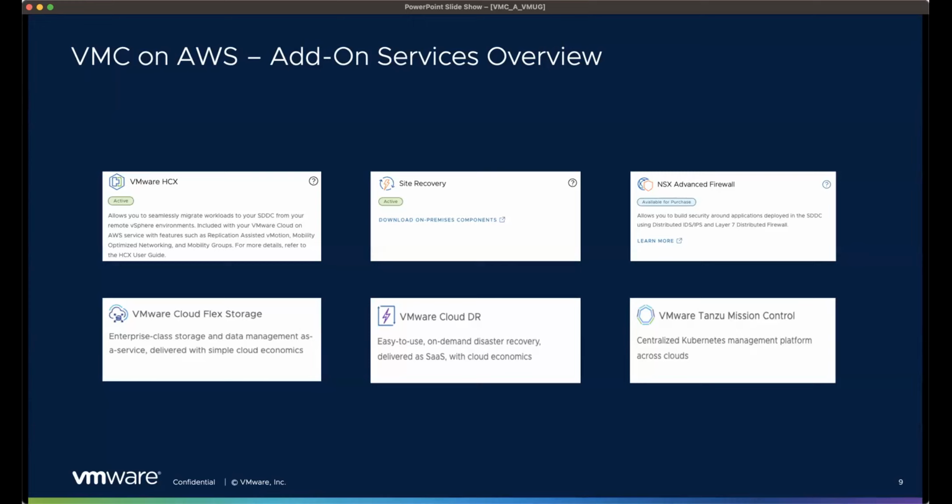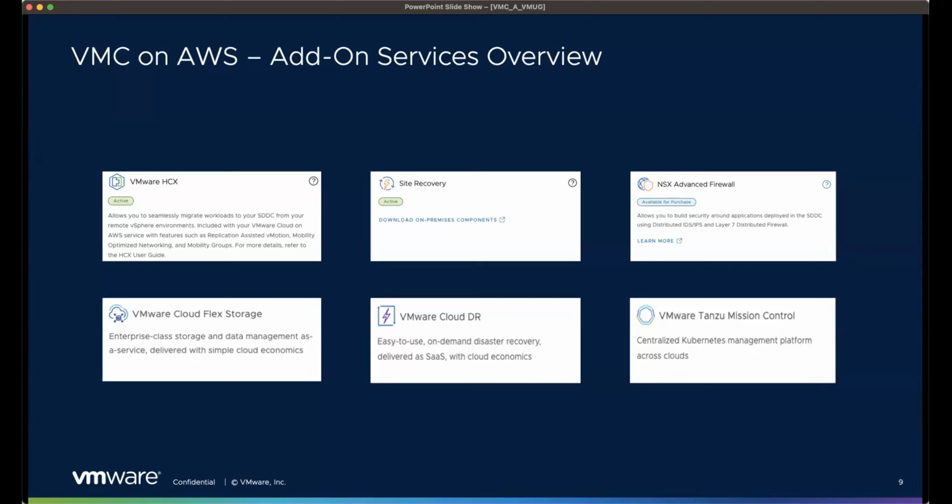Yeah. So that was because I think these two services are actually new to me as well: VMware Cloud Flex Storage and VMware Cloud DR. And so there is nothing free on these two services, right? No. So Flex Storage is relatively new, to be honest, right? It got released at the end of 2022.